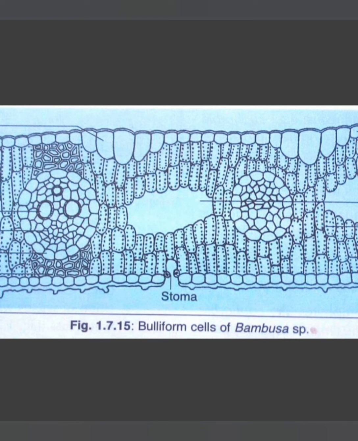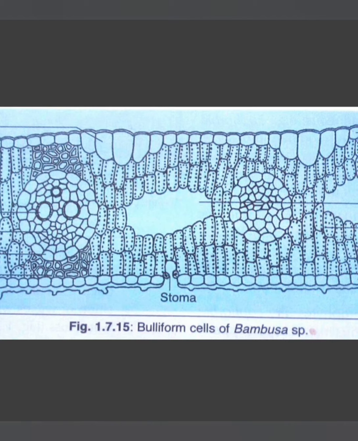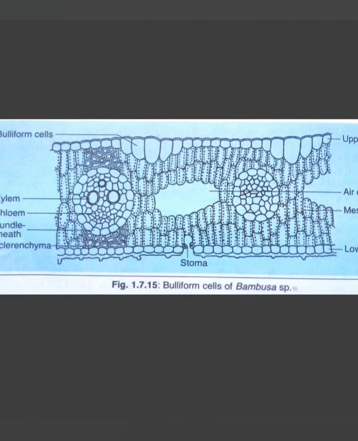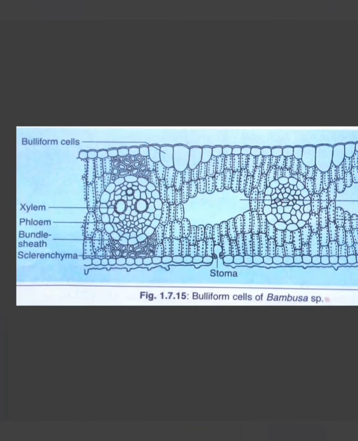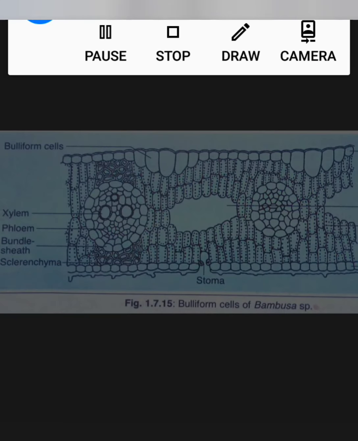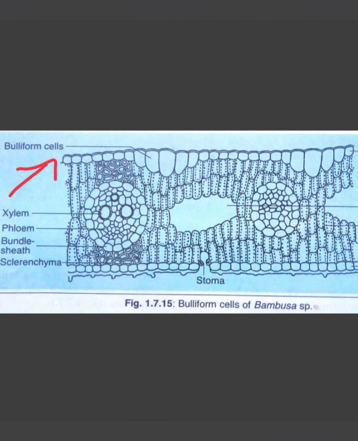And in some grasses, like I had mentioned, such as Typha, which is one of the species of xerophytic plants, some of the epidermal cells, take a closer look at this picture here, you will see the bulliform cells, this part here and this one here.